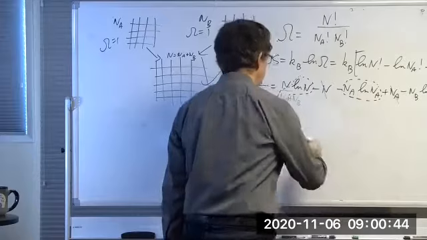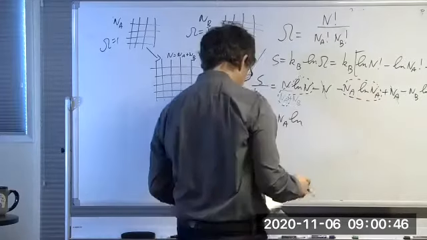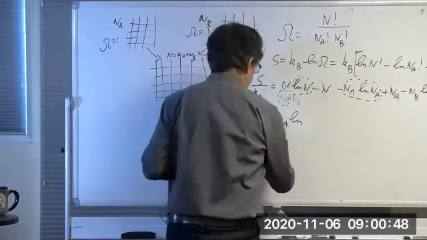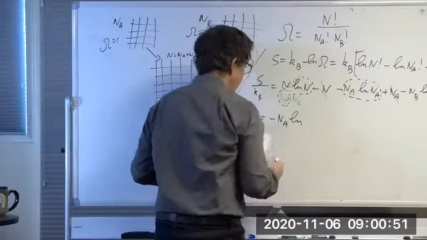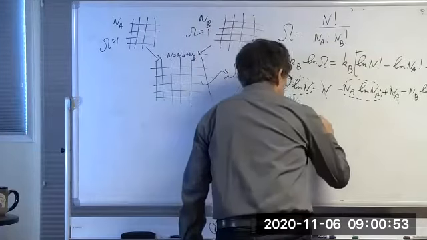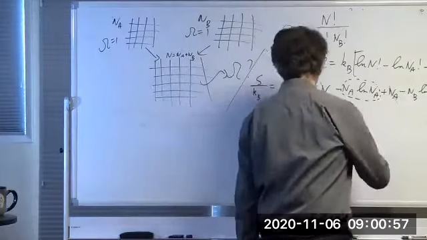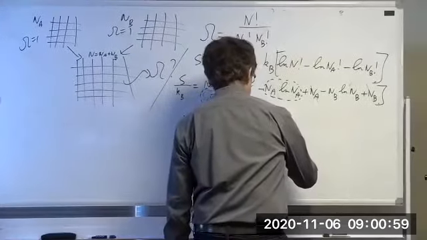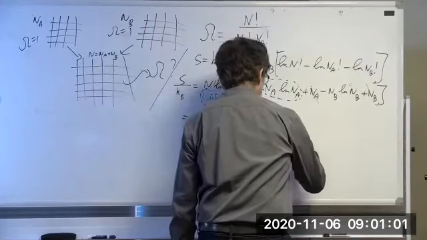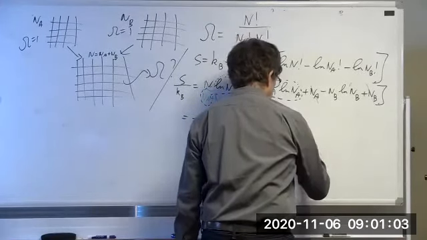So I have Na log. I'm going to keep the minus sign up front actually. Minus Na log Na over N. And I do the same for the B term, which gives me minus Nb times log Nb over N.